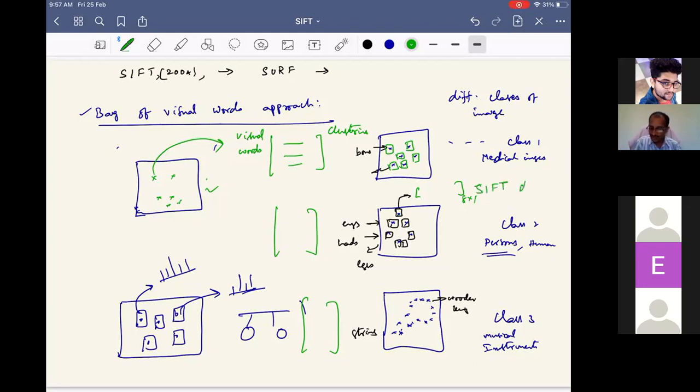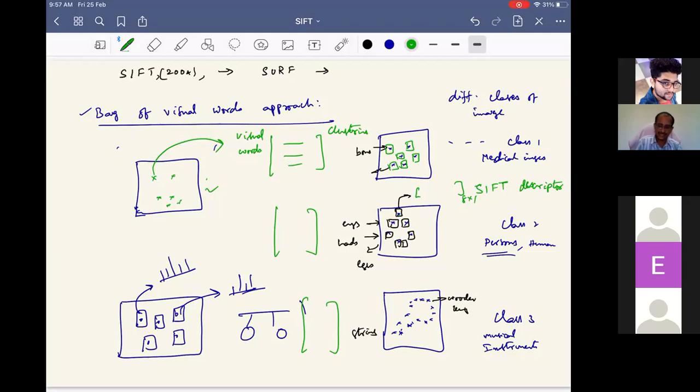SIFT descriptor is slightly different from the HOG descriptor in the sense that it is with respect to a reference orientation and also with normalization that we are representing HOG. So that's where we use SIFT.